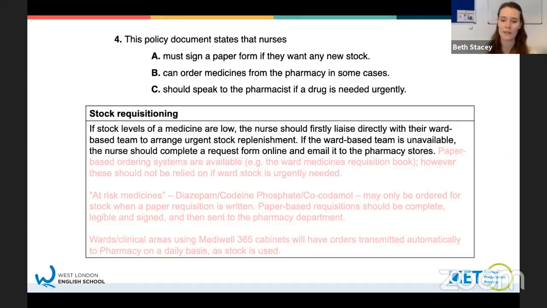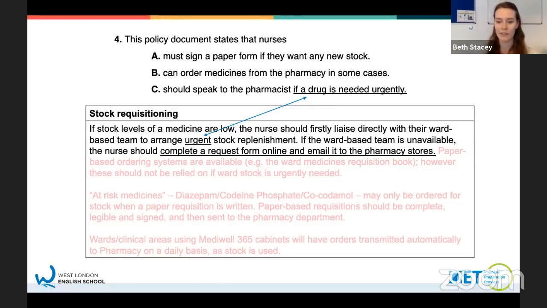So if the stock levels of a medicine are low, the nurse should firstly liaise directly with the ward-based team. Now, they are liaising with the ward-based team to arrange urgent stock replenishment, and C, it should speak to the pharmacist if a drug is needed urgently. So we know that we're talking about urgent drugs.